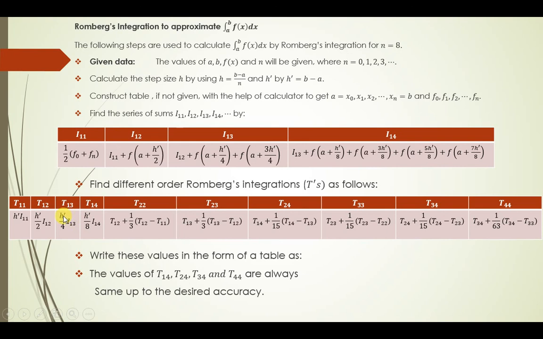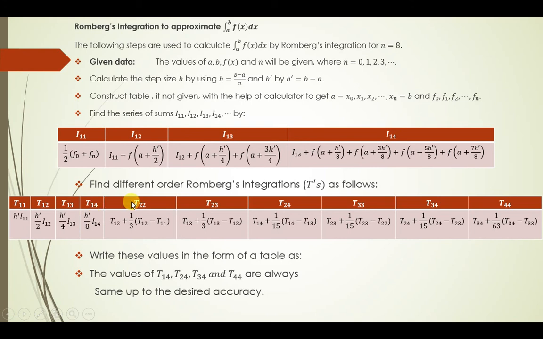T13 is H prime by 4 I13. You see, that is 1 1, so this is I11. T12, so this is I12. T13, that is I13. T14, and that is I14, along with H prime, and that is H prime by 2, then H prime by 4, then H prime by 8, the multiple of 2. 2 2s are 4, 4 2s are 8.